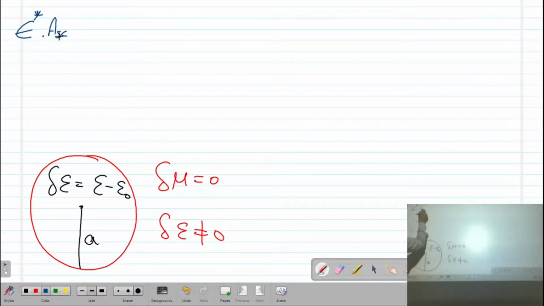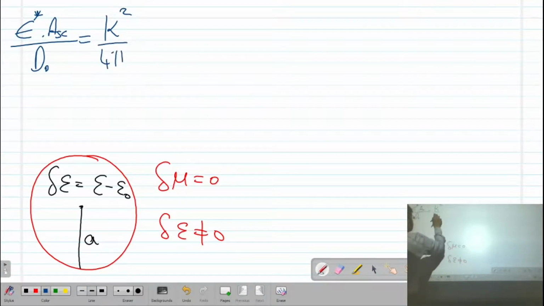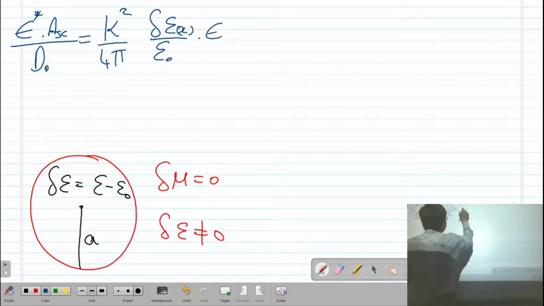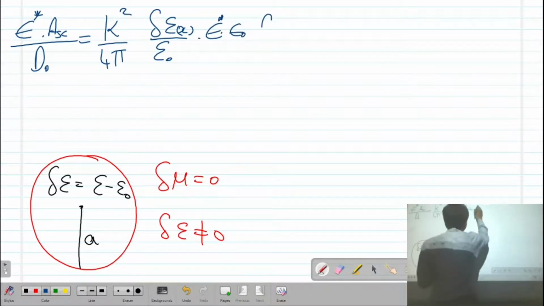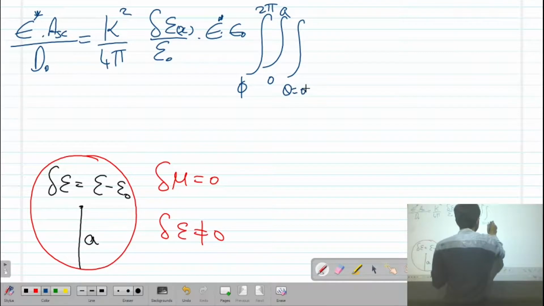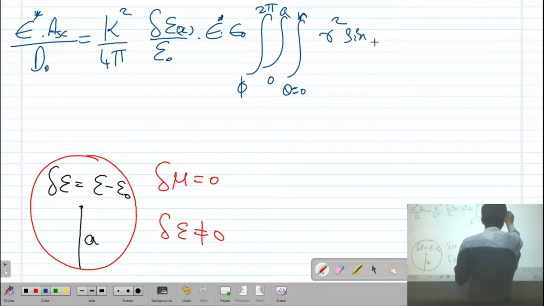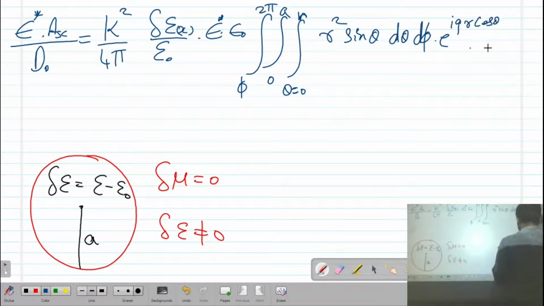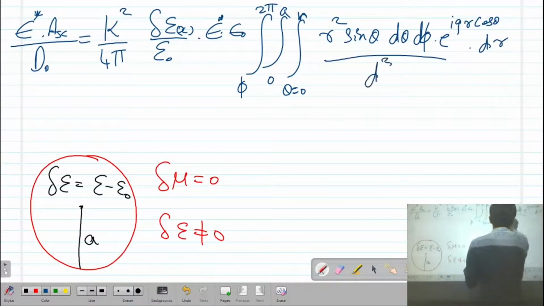The polarization conjugate scattering amplitude divided by V0 is equal to k square by 4 pi, which we have taken out with respect to epsilon 0 dot epsilon star, times mu, that is phi by 2 pi, integration of 0 to a, and integration of theta from 0 to pi, where we have r square sin theta d phi dot e raised to i q r cos theta d r.